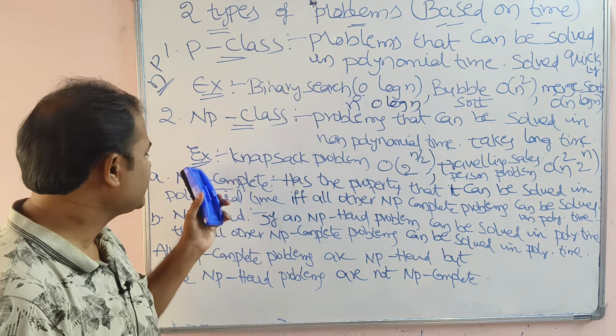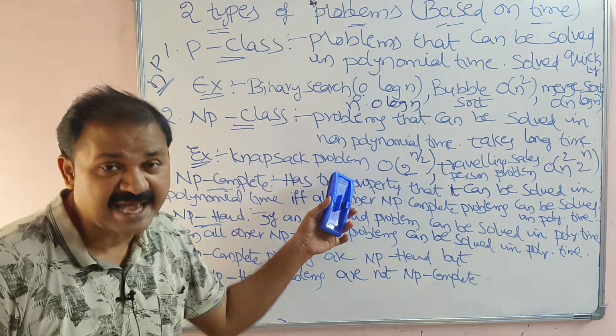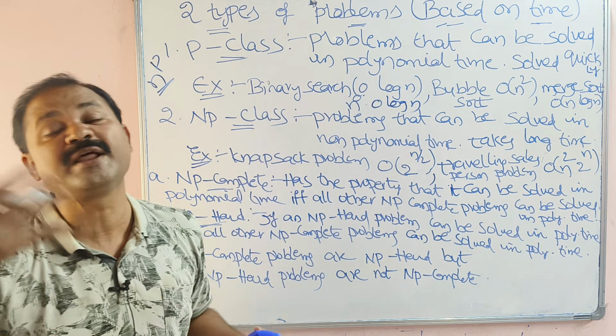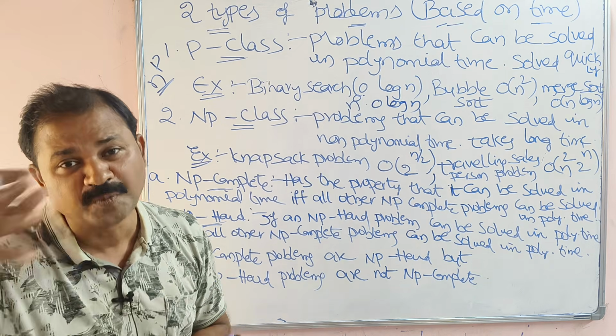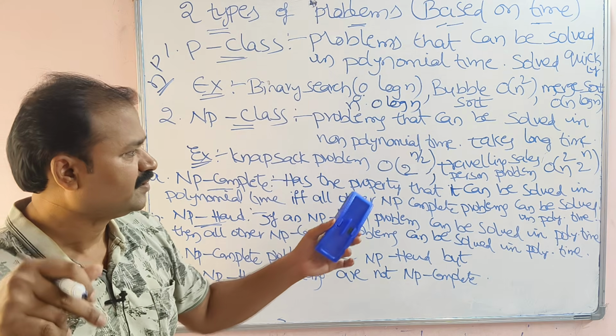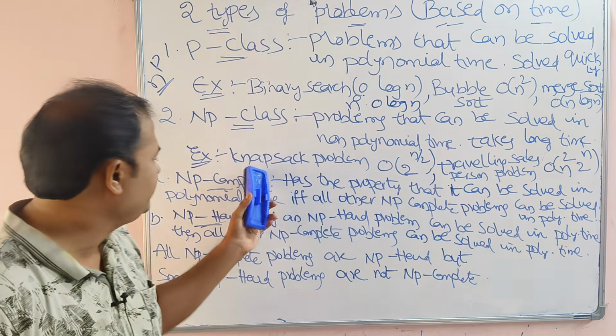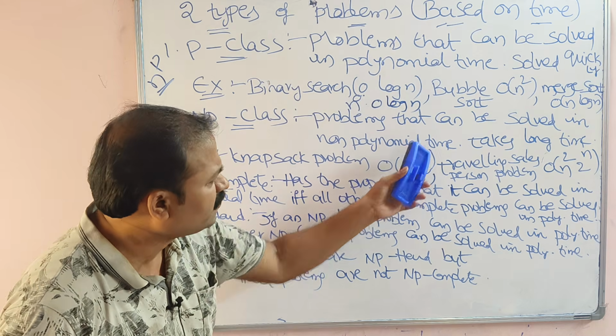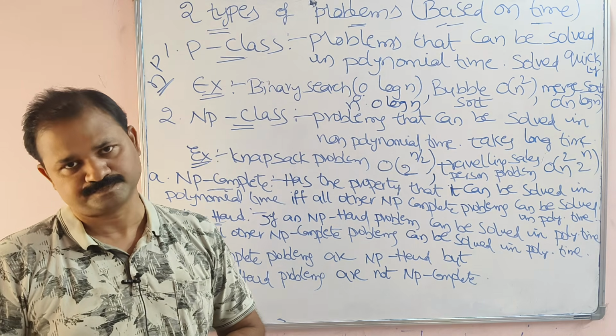Next, the best example is the knapsack problem. Here non-polynomial means exponential time, 2 power something. If you take the knapsack problem, the time complexity is order of 2 power n by 2.